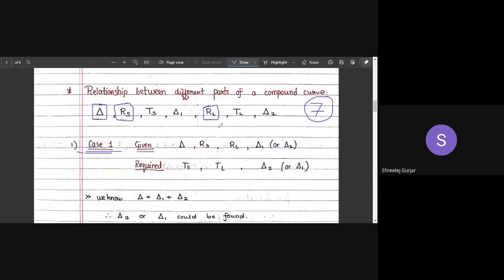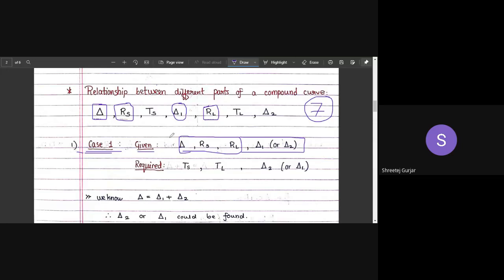These three variables will always be with us. Now out of these four, in the first case we will choose delta 1 as the given variable. Delta 1 or delta 2, anyone can be given to us. So we will consider delta 1 over here.